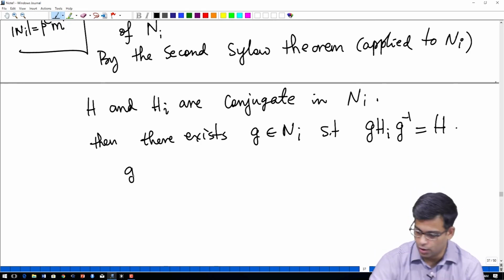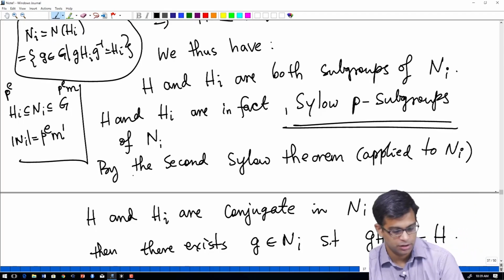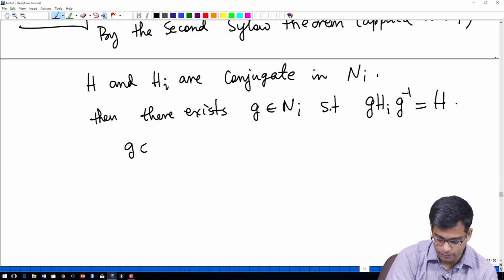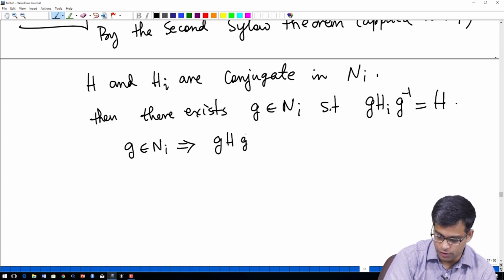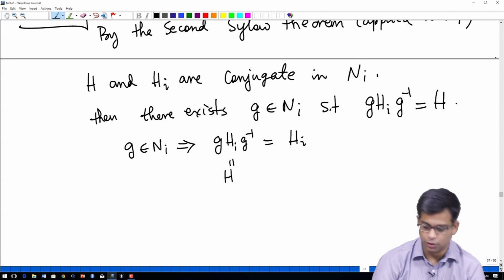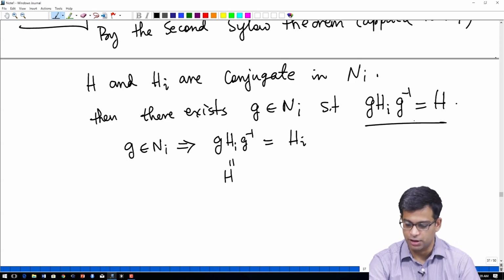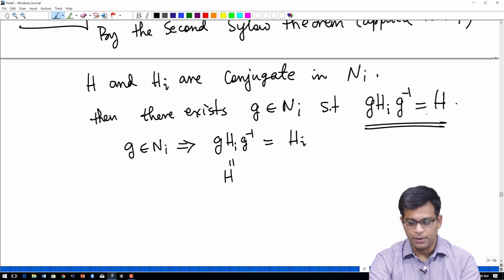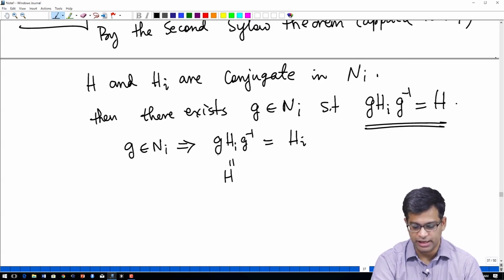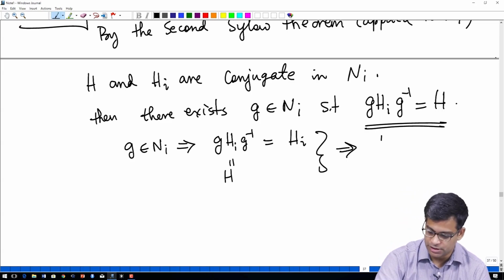But if g is in N_i, recall what N_i is. N_i is the set of elements g such that g H_i g inverse is equal to H_i. So g H_i g inverse is H_i, but this is also at the same time equal to H, because that is the consequence of the second Sylow theorem. But g being in N_i forces g H_i g inverse to be H_i. This is the definition of N_i. That means H is equal to H_i.